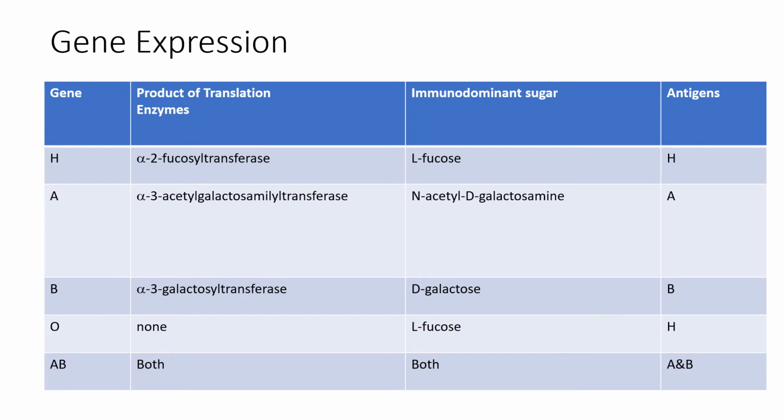For AB, they produce the same two enzymes produced by the A and the B gene, and they have both N-acetyl-D-galactosamine and D-galactose on their cells, so these are the A and B antigens.